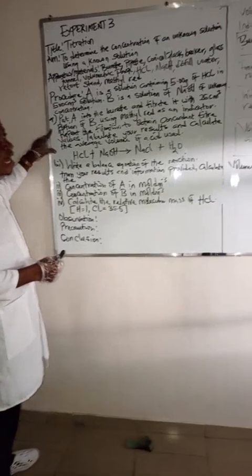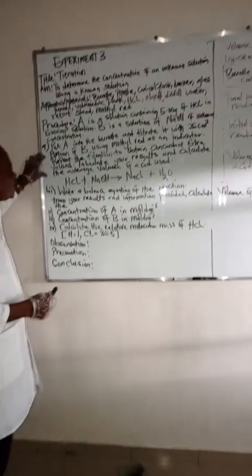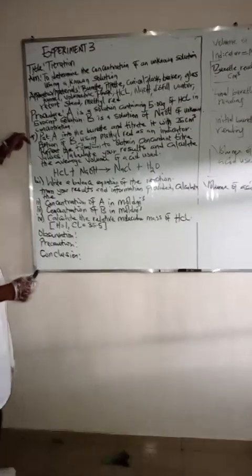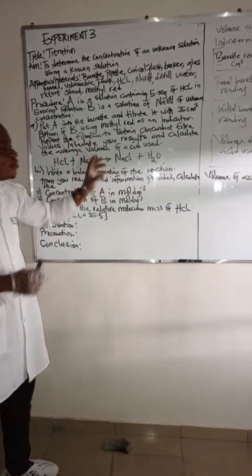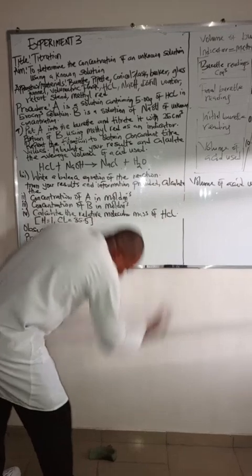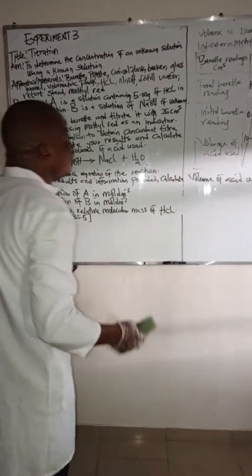Now we are through with A. In A, the instruction is to tabulate and calculate the average volume of acid used, which we have done. Are you following?